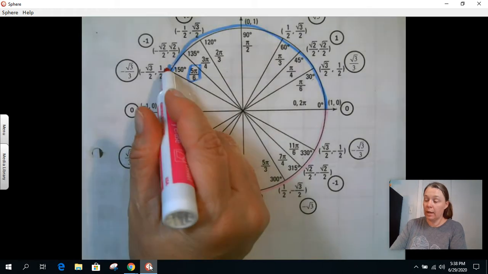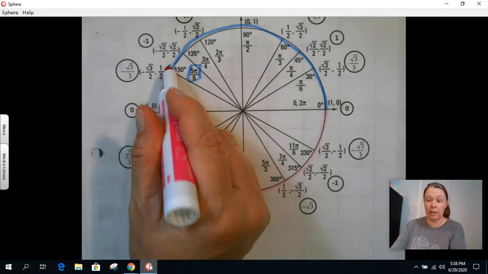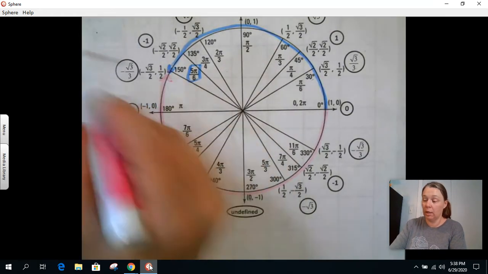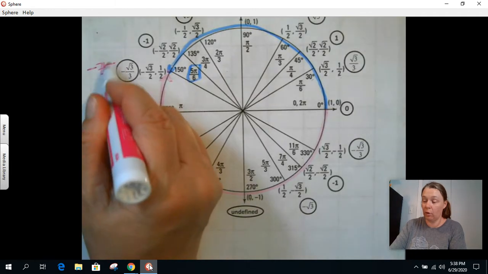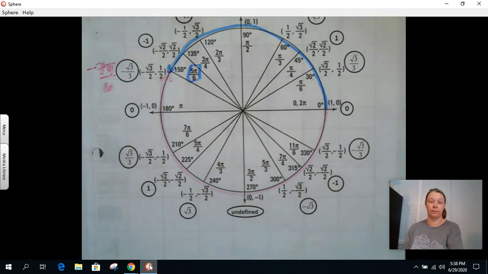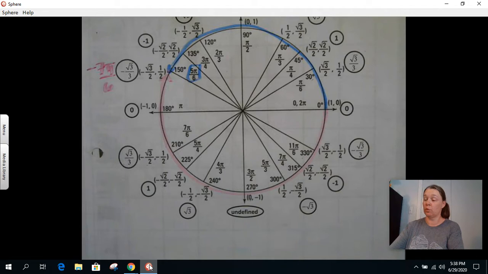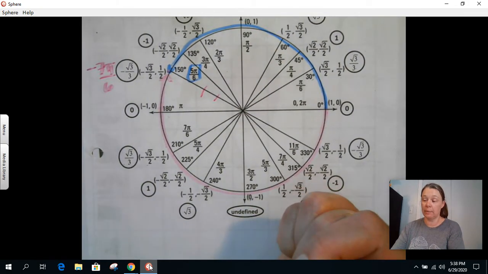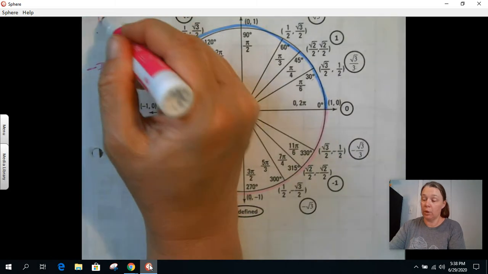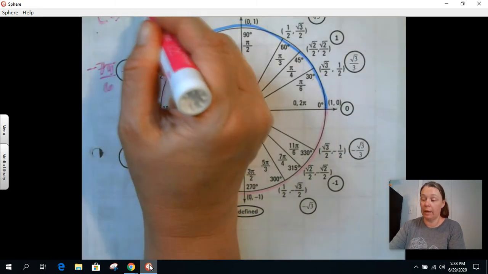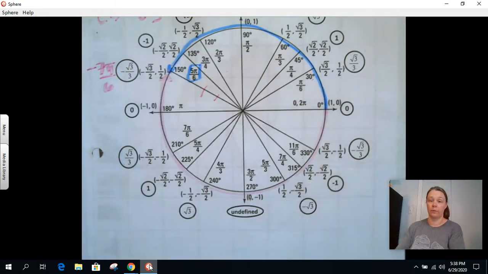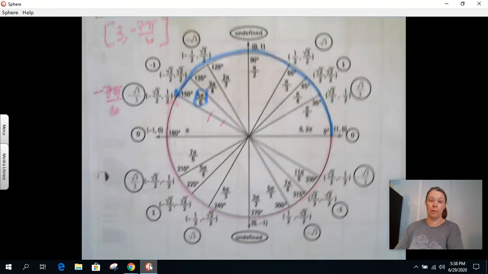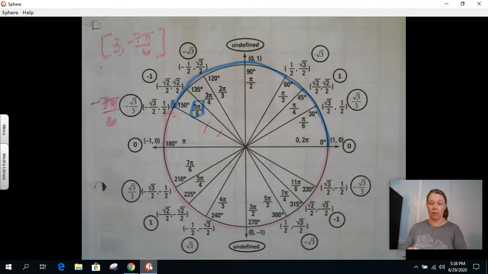So another way that I could get to this spot here is I could use the angle negative 7 pi over 6. And the radius would still be 3. So another way that I could name this point would be 3, negative 7 pi over 6. Okay, that would be another way that I could name that point.